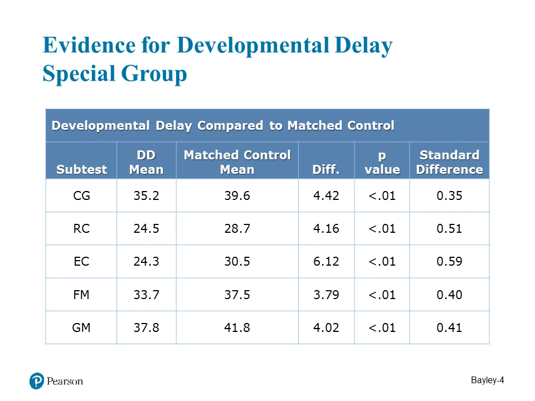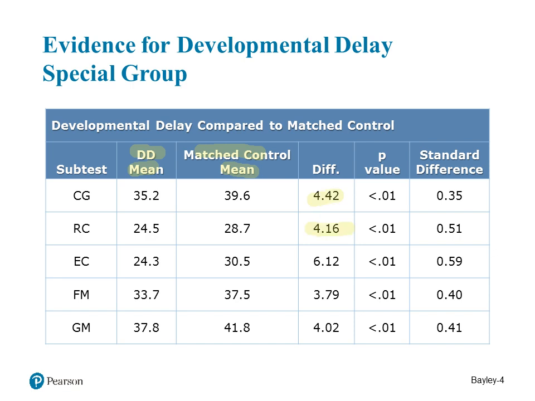And what we found effectively when we look at the mean scores for your special group, the DD mean, compared to the matched control mean, the mean for a matched control group matched on different demographic characteristics such as age and gender and so on, you find that for all of these subtests, the mean score for the matched control group was higher than the mean score for the developmental delay special group.